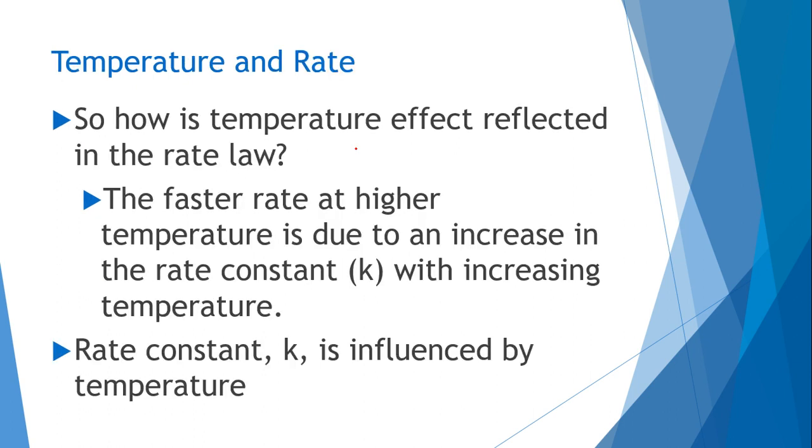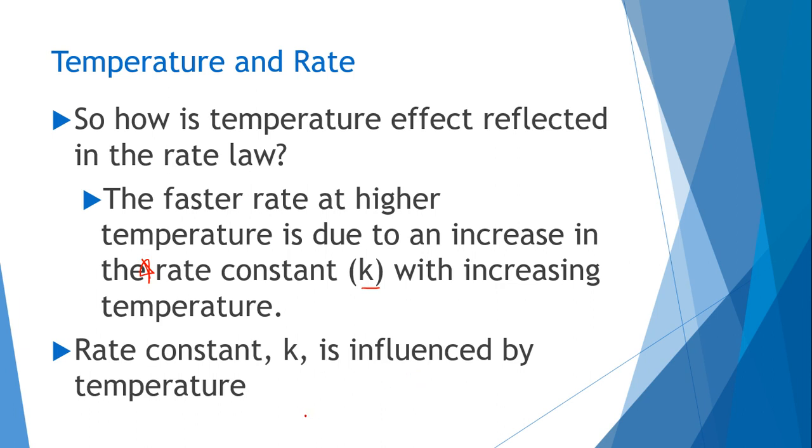How are temperature and rates affected, then? How is the temperature effect reflected within the rate law that we learned earlier in the chapter? One thing to note is that you tend to have a faster rate at a higher temperature, and this is typically because your rate constant tends to increase with temperature. We talked about the rate constant, which is k, and how it's influenced by temperature and not necessarily concentrations.